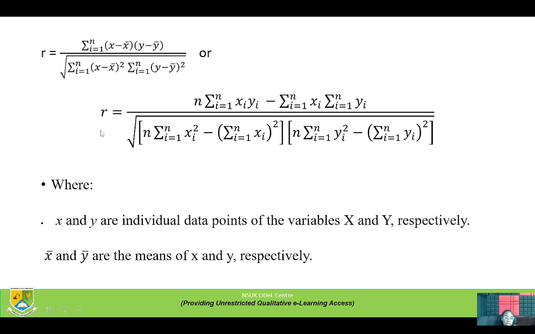So going by these formulas, x and y are individual data points of variables x and y respectively, where x bar is the mean of the x values and y bar is the mean of the y values respectively.